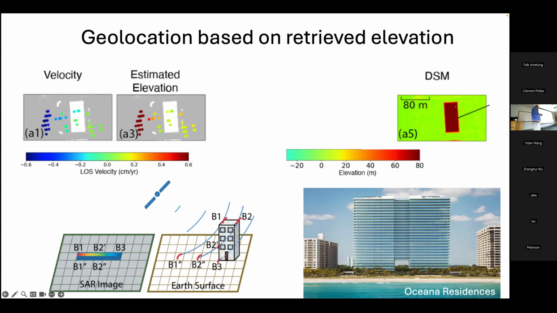Then we can estimate the elevation from those scatterers, and we end up with an estimated elevation of something like 80 meters. Here is a digital surface model at more or less the same altitude. So that makes lots of sense, and we can be pretty sure that these pixels are located on the roof.